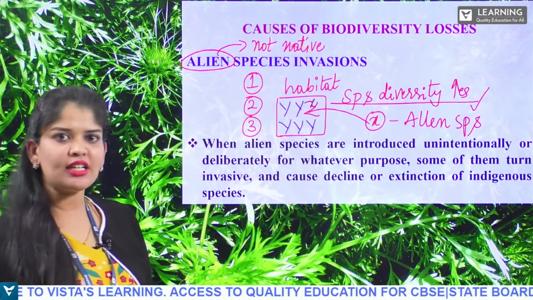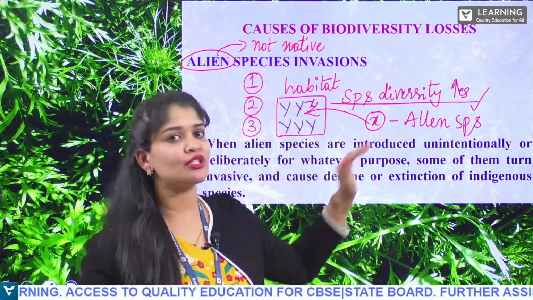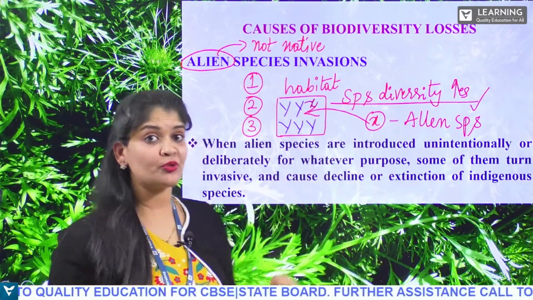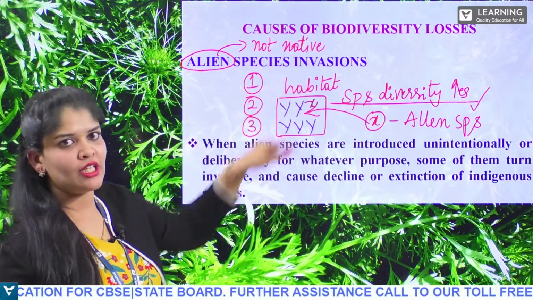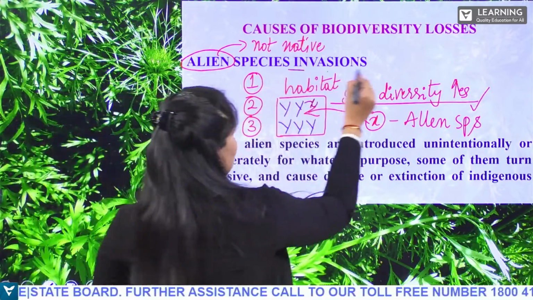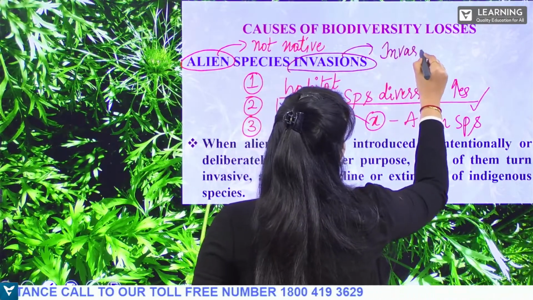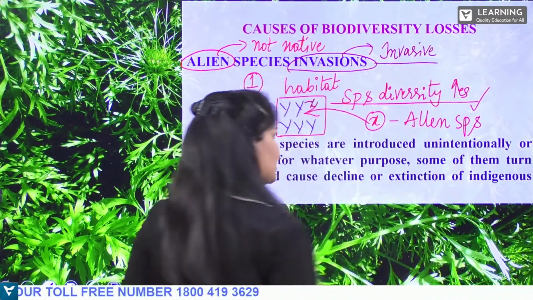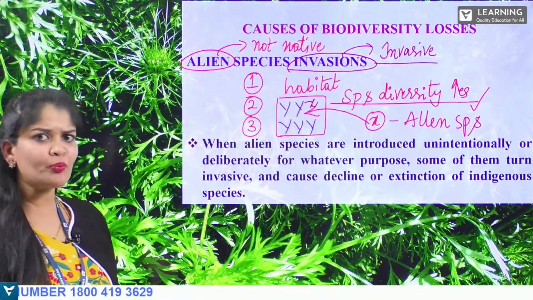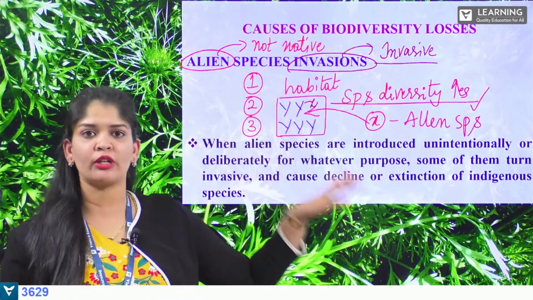Initially, the number of the alien species will be less. But what we are telling is, it is invasive. Invasion. Invasive is nothing but quickly growing. It will occupy the whole habitat within no time.